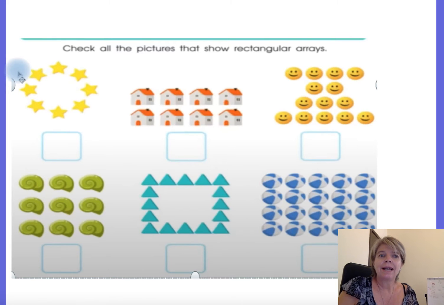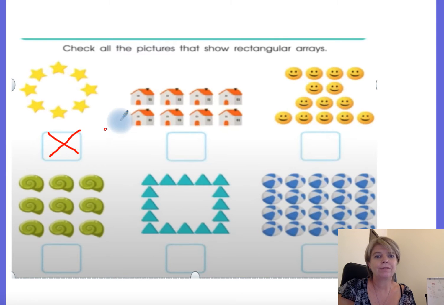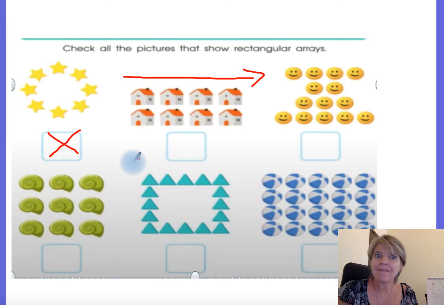Are these in a row? No, they're not, are they? Are these in rows? Yeah, they are in rows. But are the rows the same? Let's have a look. 1, 2, 3, 4. 1, 2, 3, 4. Yeah, they are equal rows.